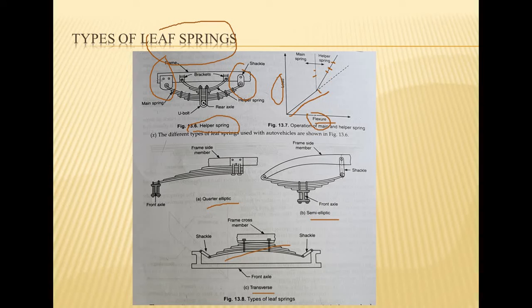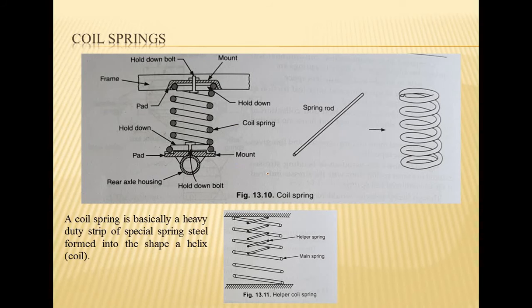in this manner. Now our next type of spring we will discuss, that is the coil spring. About the coil spring, the picture is shown. I will tell the various names of the units. Generally this is the mount, and here this is the hold down bolt. This is the frame over which all these are equipped.